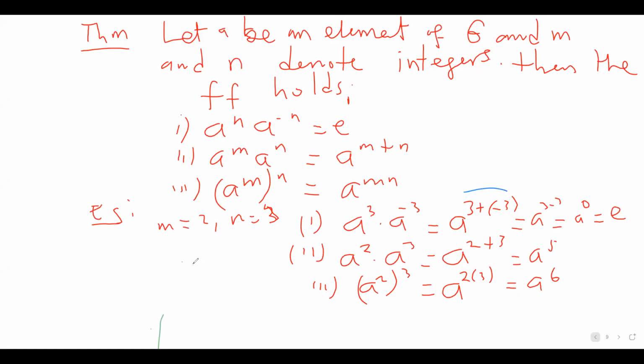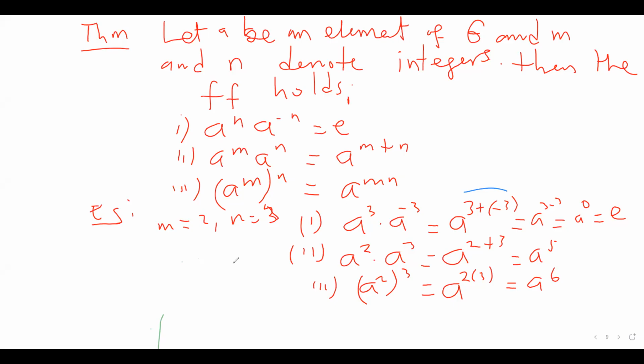Yes, sir, please. I don't understand why a to the n and a to the minus n is giving us the identity, because the bases are the same. So why are we not adding the n and the minus n like we did for the second one?